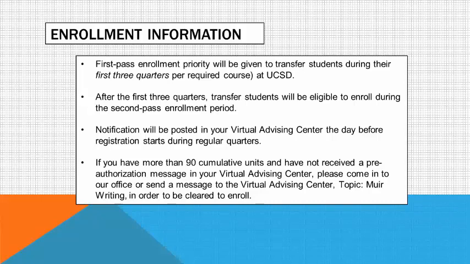Notification of whether or not you've been pre-authorized is posted in your Virtual Advising Center, the VAC, the day before registration starts during regular quarters. If you have more than 90 cumulative units and have not received a pre-authorization message in your VAC, please come into our office or send a message to the Virtual Advising Center, and in the topic area, choose Muir Writing in order to be cleared to enroll.